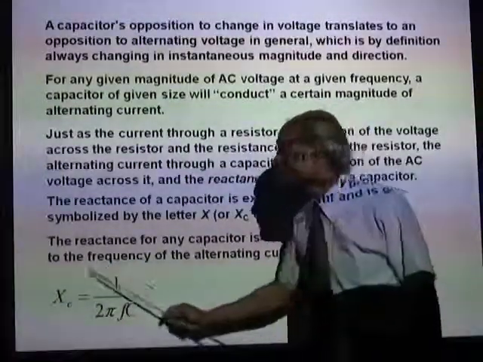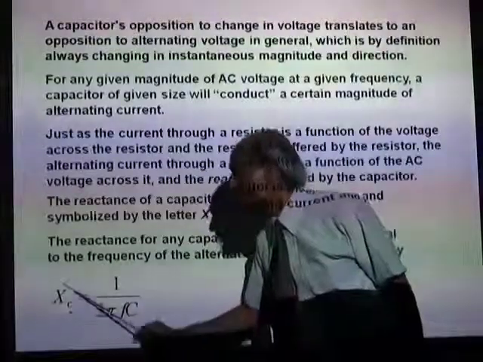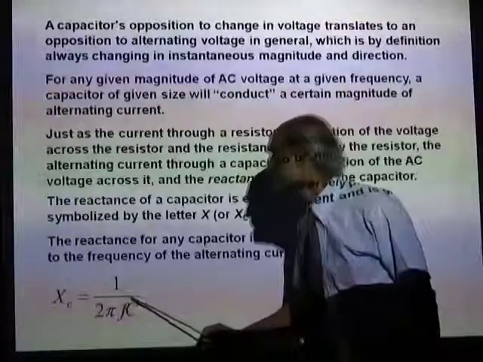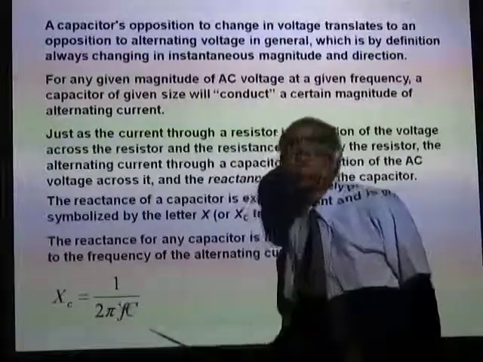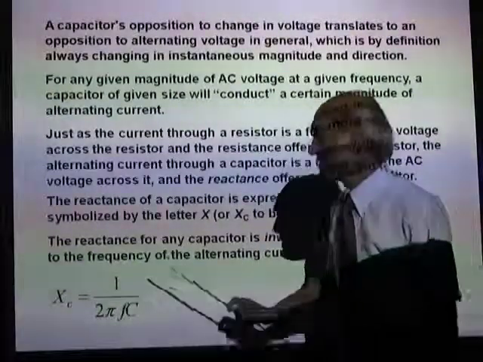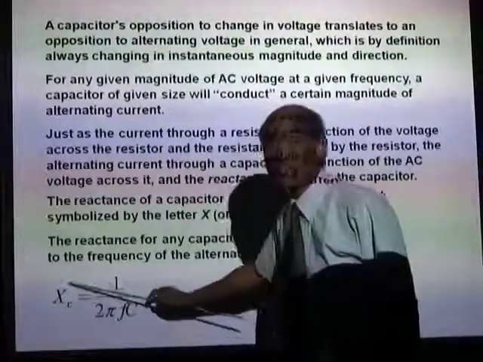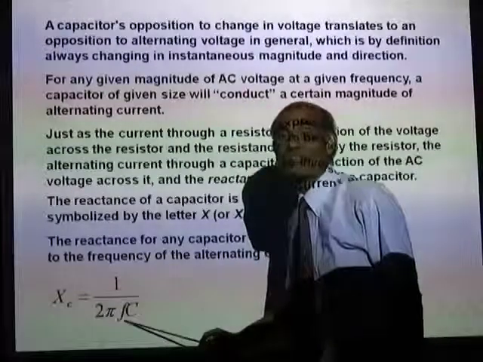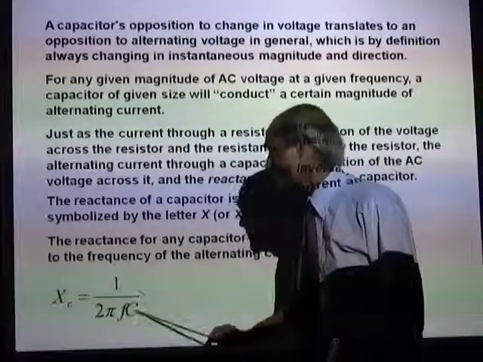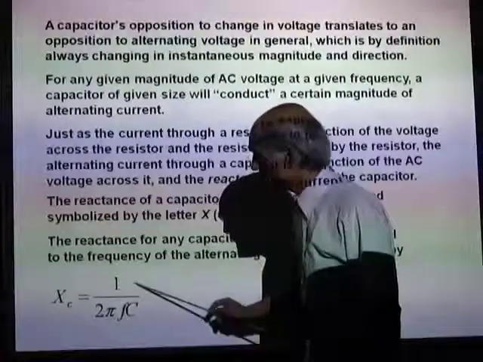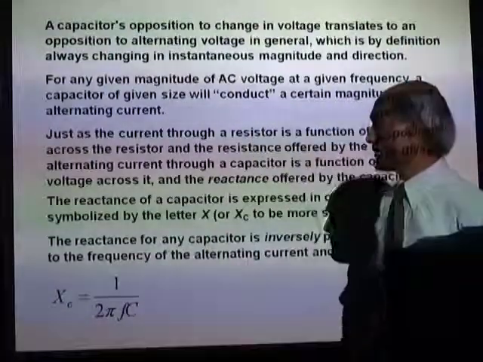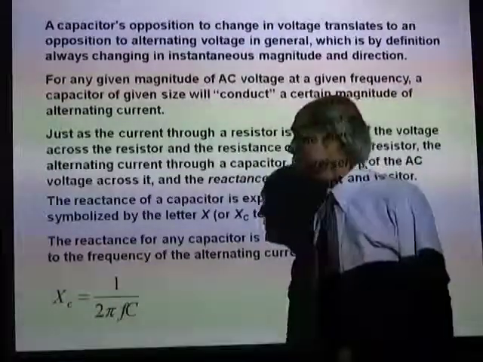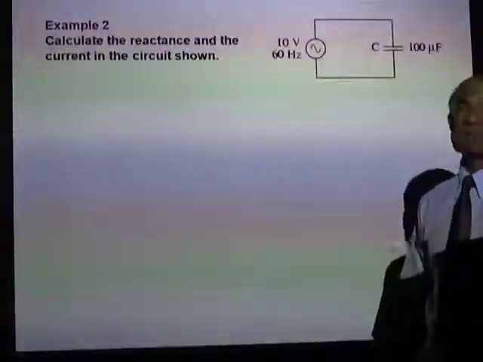The value of the capacitive reactance is 1 over 2 pi fC, where f is the frequency of the AC. Now look at this. The reactance of a capacitor is inversely proportional to the frequency of the AC. All the other quantities are constant there. So take note of that equation. The reactance of a capacitor, X sub C, is 1 over 2 pi fC.